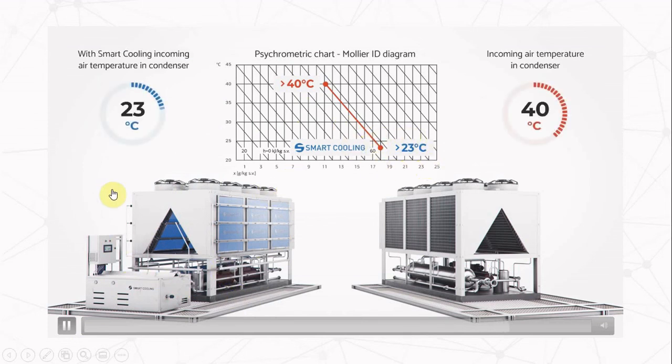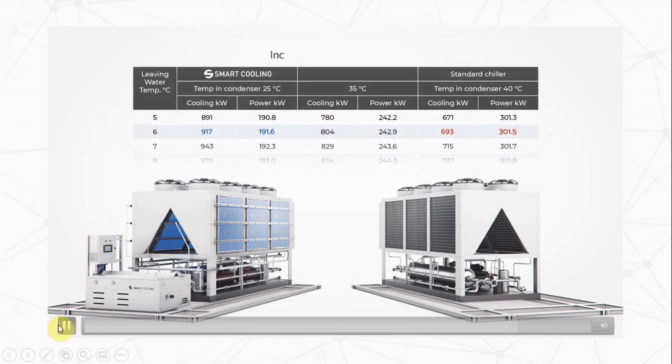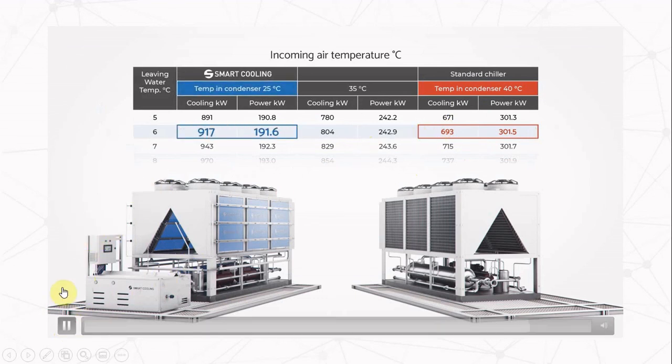Next, in this table, we can see how the incoming air temperature to the condenser coil affects the chiller performance. Let us say, for instance, that you have an incoming air temperature of 40 degrees Celsius.